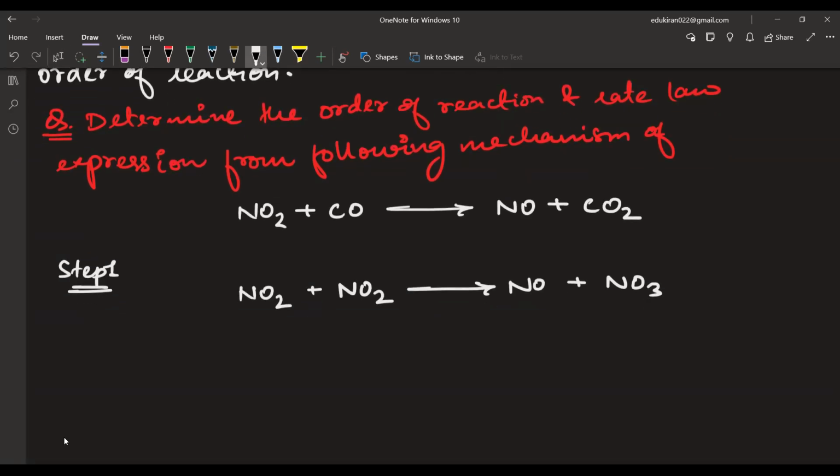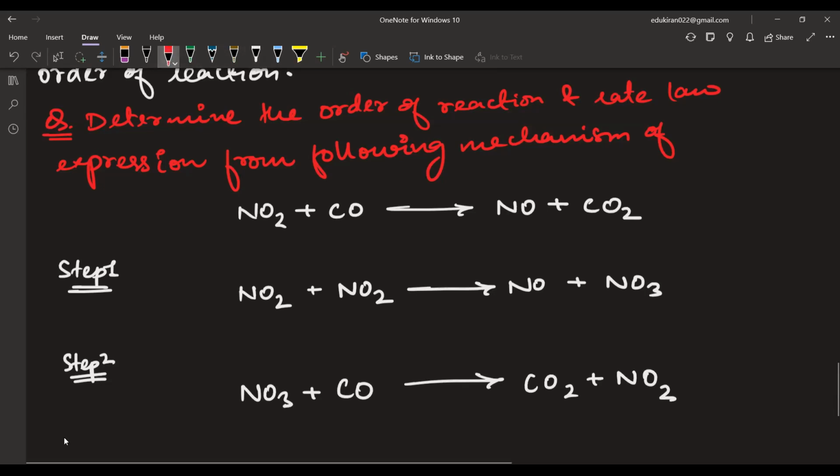Next, in step two, this is all question, okay? They are also giving you the mechanism. What do we get here? We get NO3, which reacts with CO, and they form CO2 plus NO2.